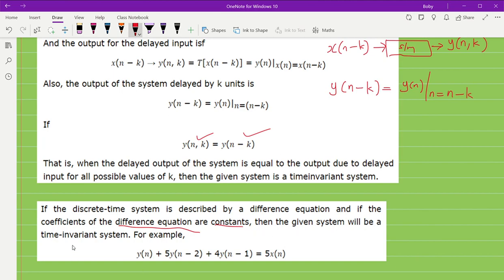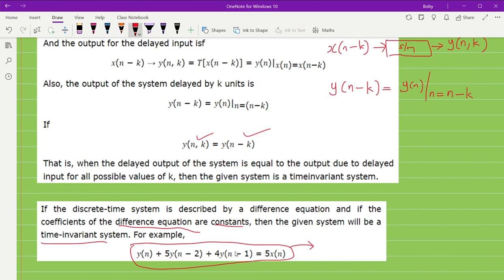Suppose we have a discrete time system represented by a difference equation of this form. If the coefficients of this difference equation are constants, then we can conclude that the system is time invariant.